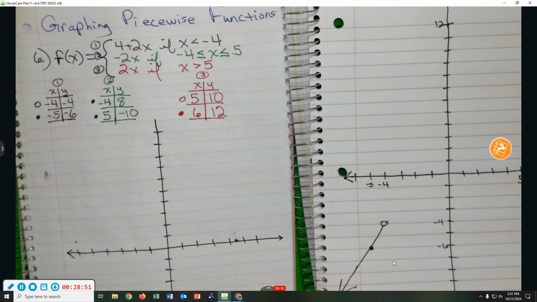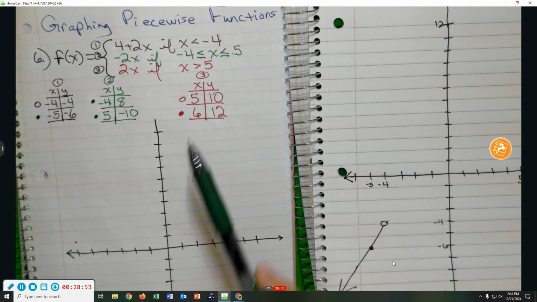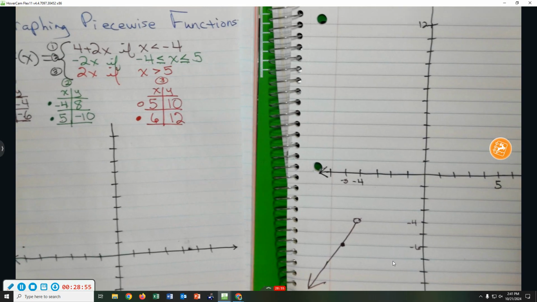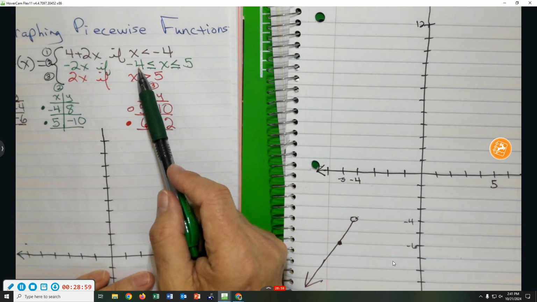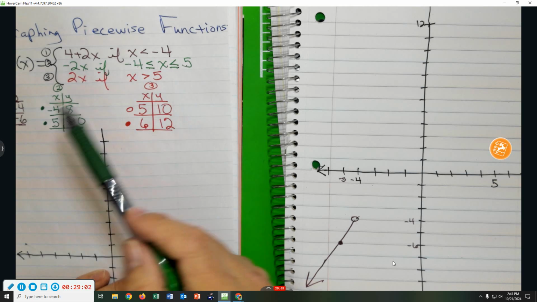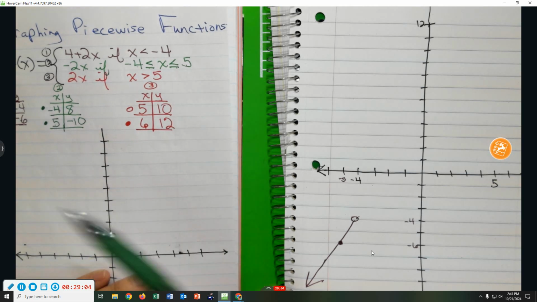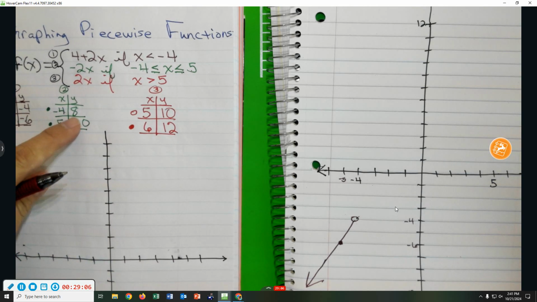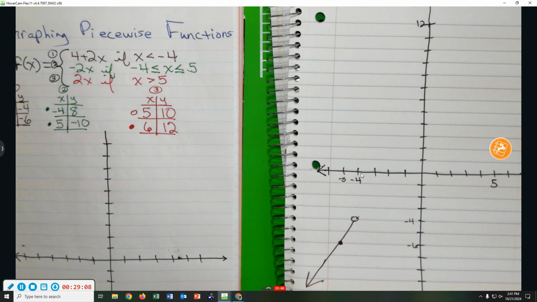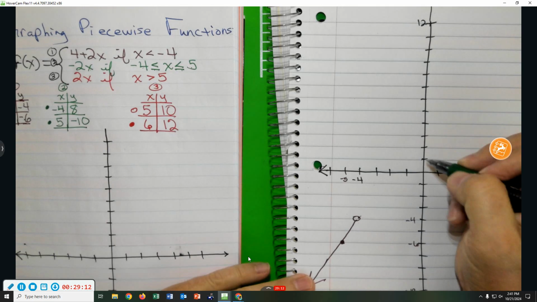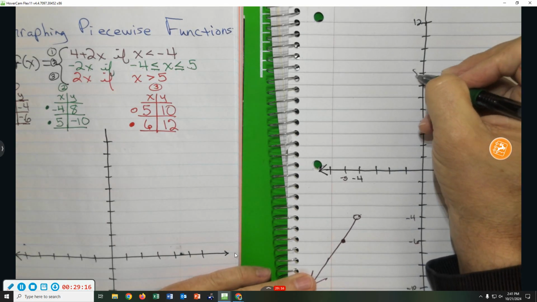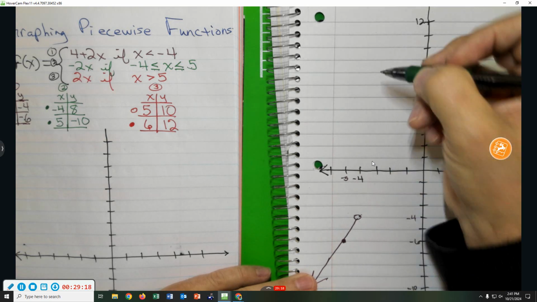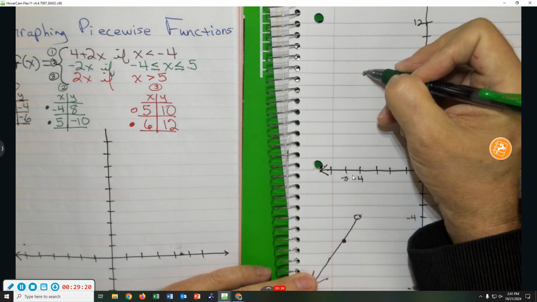Now, the next interval. The green interval, notice it runs between negative 4 and positive 5. We have closed dots. At negative 4, we go up 8. Let's see. 1, 2, 3, 4, 5, 6, 7, 8. So at negative 4, we're up 8 units.